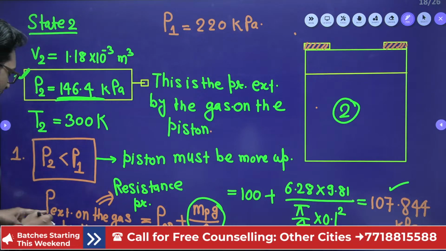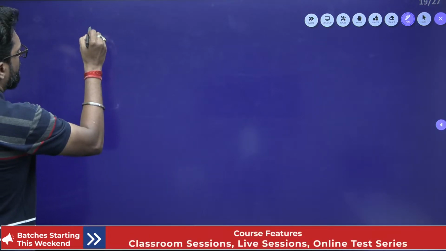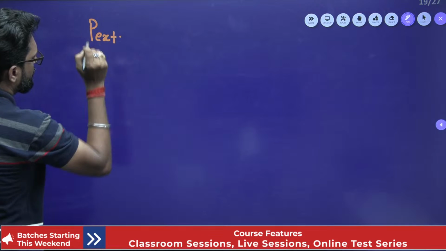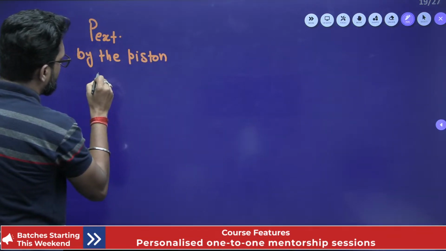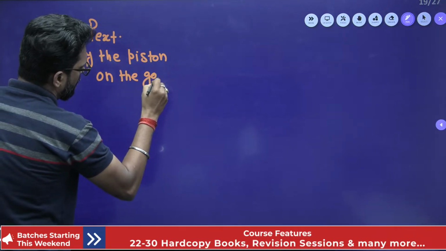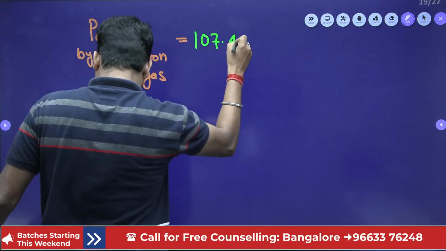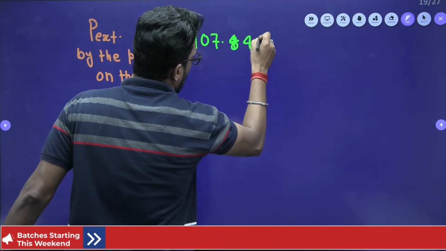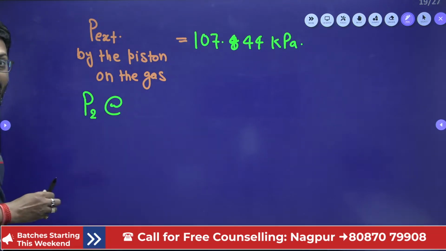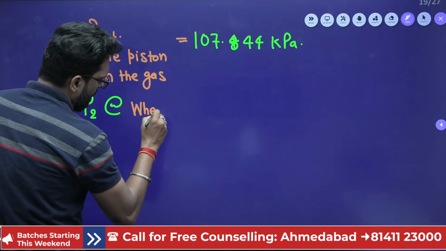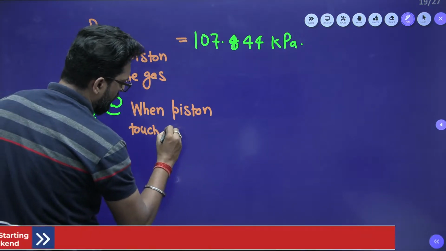That means if we write like that, P external by the piston on the gas, this is how much? This is your 107.484 kilopascal, and P2, this is at which the piston touches the stop.